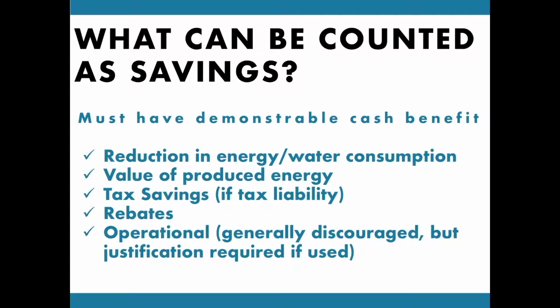The one caveat to keep in mind is that in order to claim tax savings, there has to be a tax liability associated with the entity that's going to take those savings, right? Because there has to be a cash benefit. So in general, nonprofits are not going to be able to take advantage of tax savings, or other smaller businesses that might not have a tax liability.